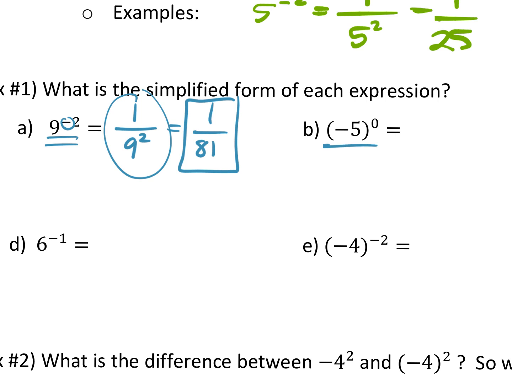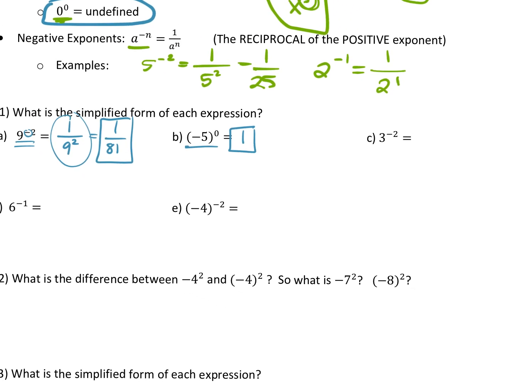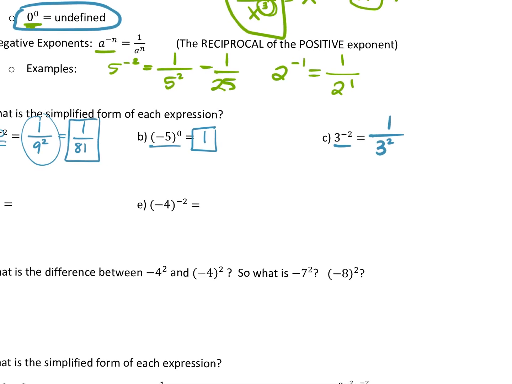What's -5 to the 0 power? 1. Anything to the 0 power is 1. What is 3 to the -2nd power? 1 over 3 to the +2nd power. Wait, so you don't put the fraction in your calculator?